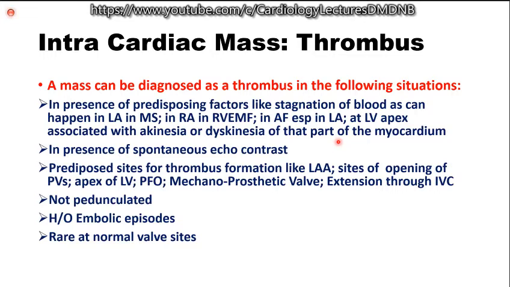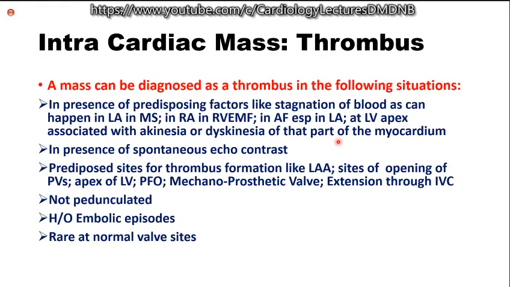There is a risk of thrombus formation. If you find a spontaneous echo contrast when you are doing a routine examination, that is also a situation where you strongly suspect the possibility of thrombus formation. These patients are high risk candidates for thrombus formation.